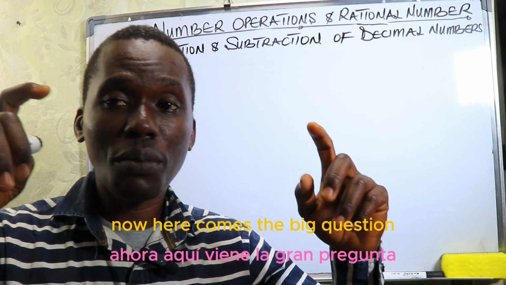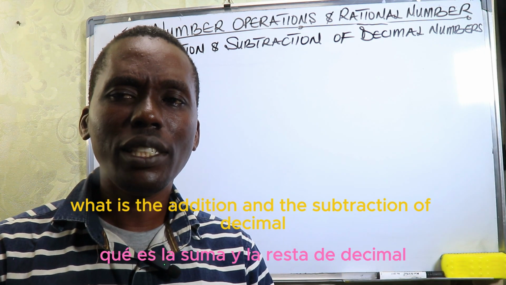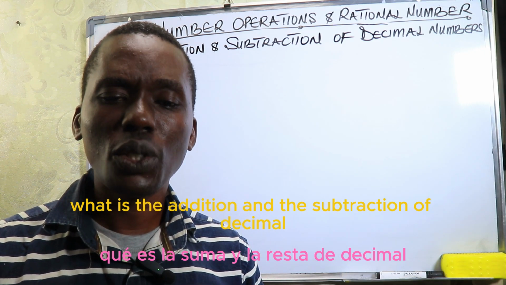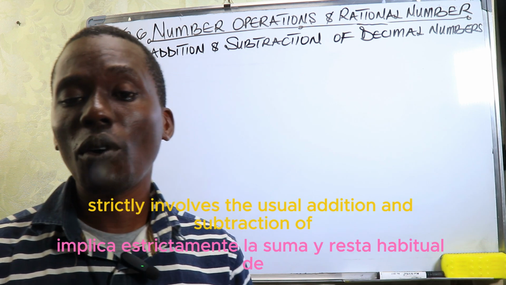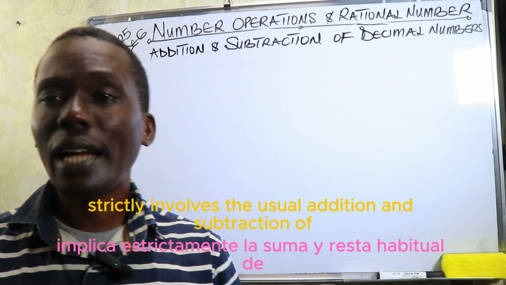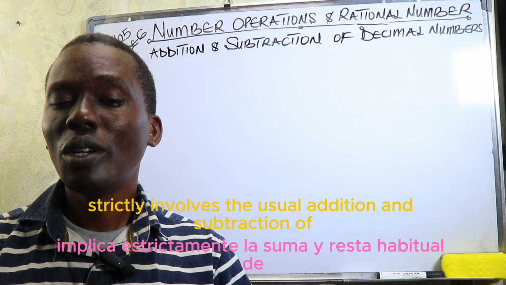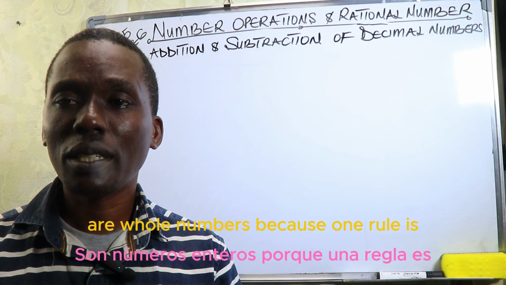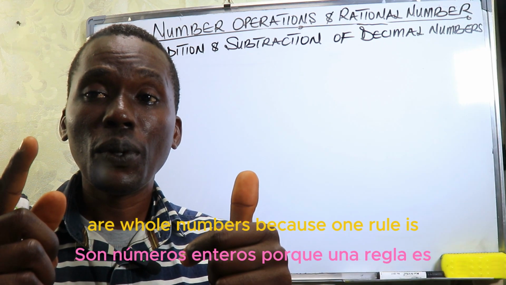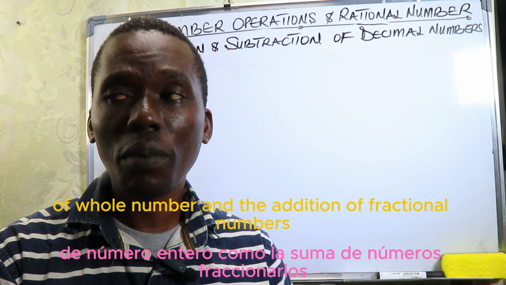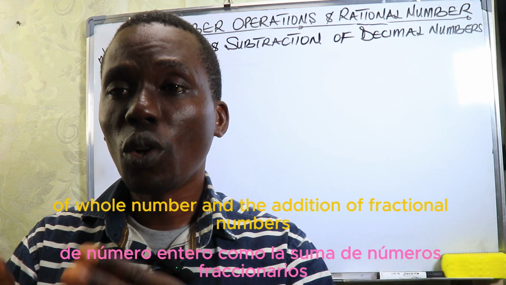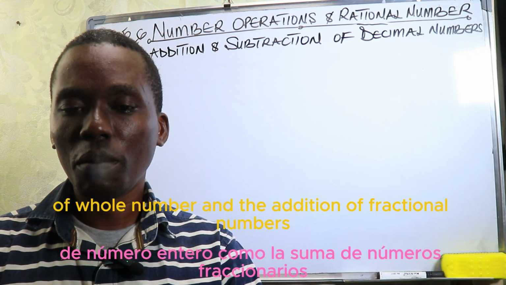Now, here comes the big question. What is the addition and the subtraction of decimals? The addition of decimals strictly involves the usual addition and subtraction of whole numbers, because one rule guides both the addition of whole numbers and the addition of fractional numbers.